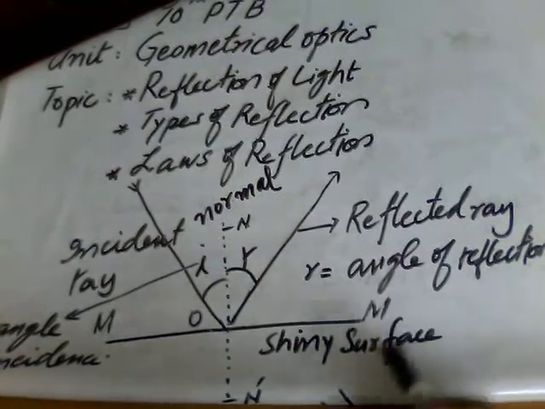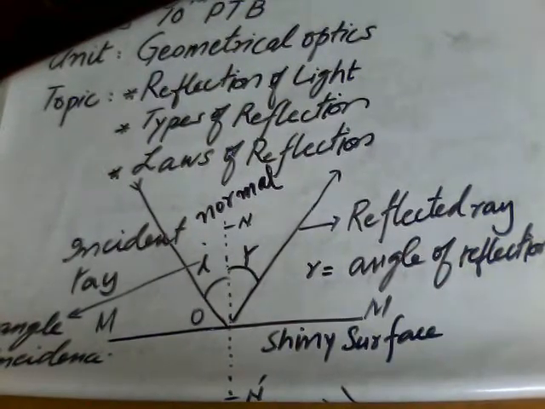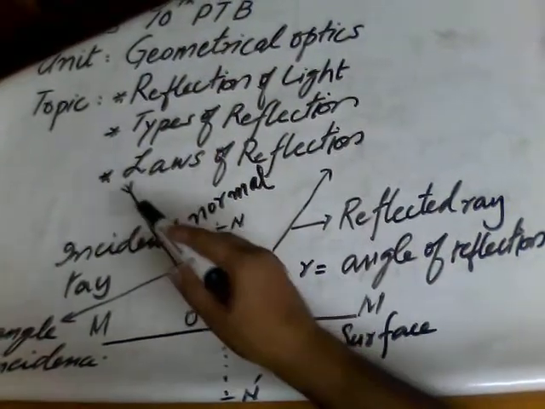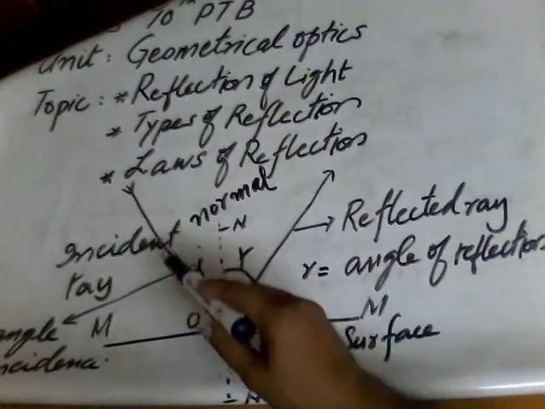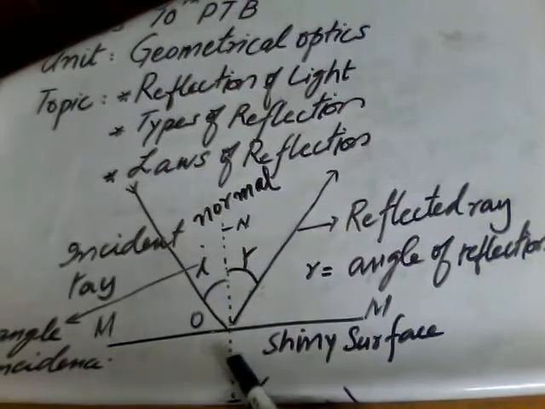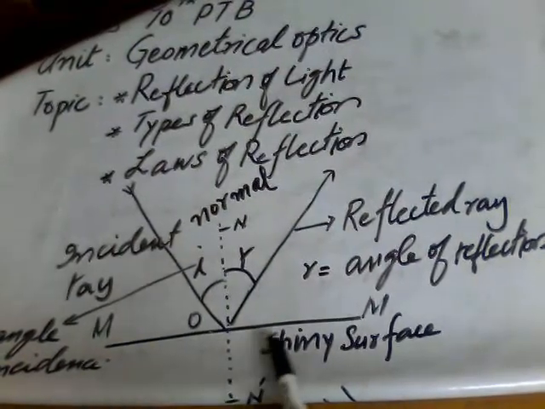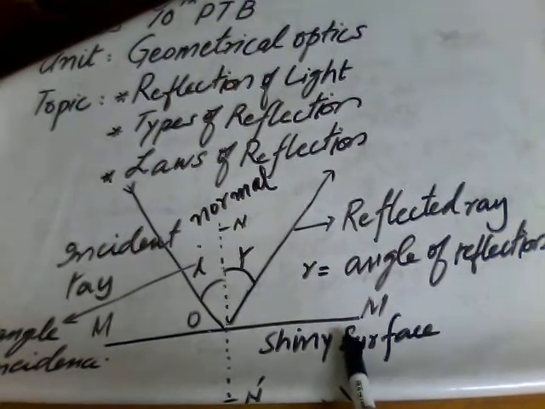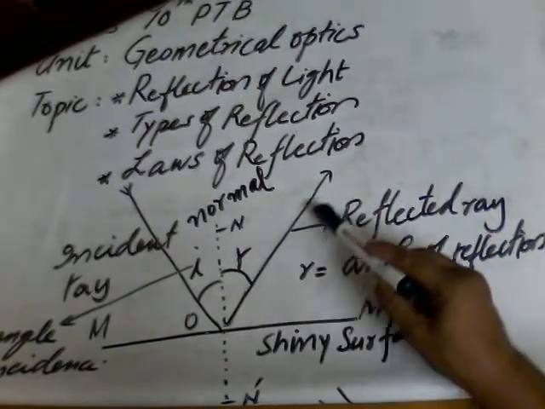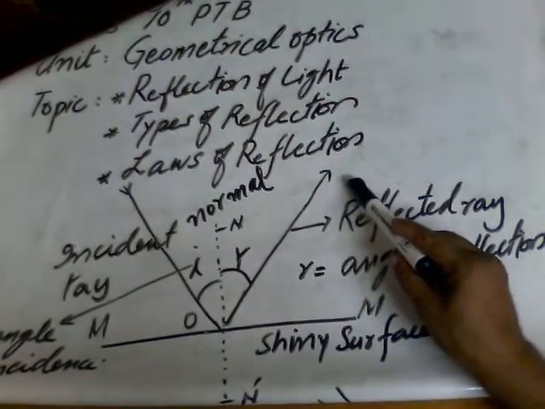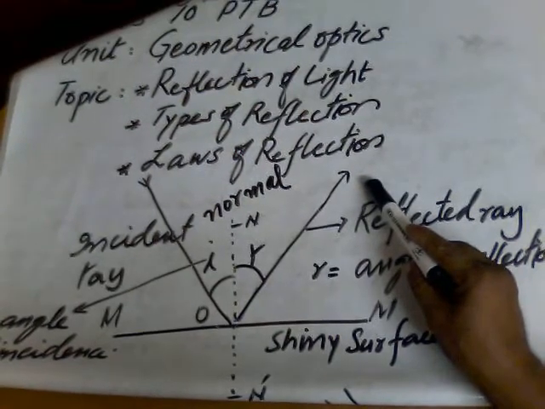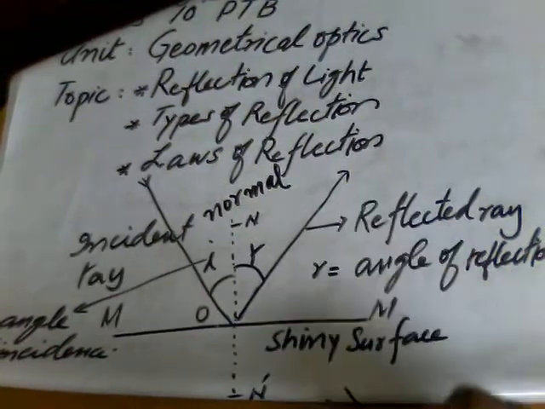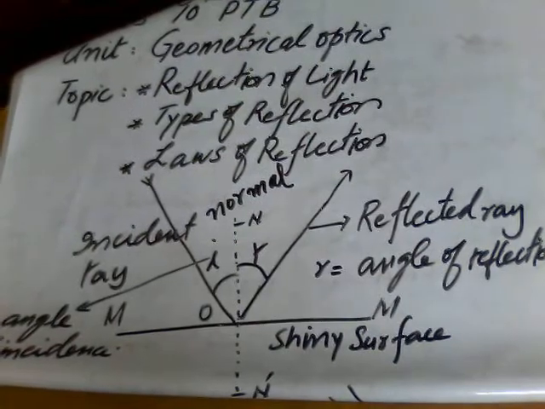So this phenomenon, that light comes through one material medium, strikes a highly polished surface like a mirror, and is reflected back into the same medium, is called reflection of light.